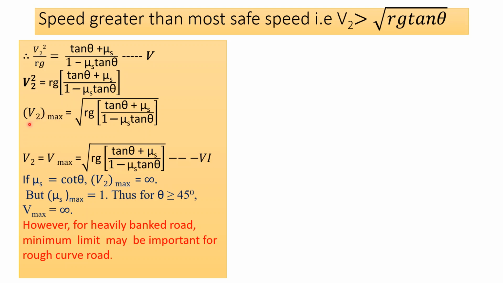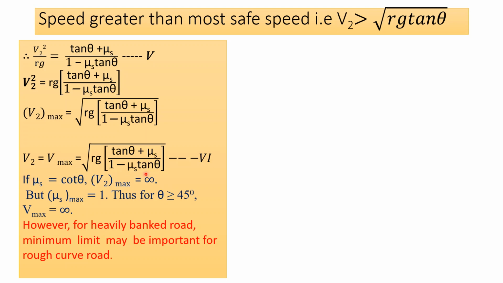So, to get the value of the speed which is greater than the most safe speed, we write v maximum is equal to square root of Rg into the bracket tan theta plus mu s upon 1 minus mu s tan theta. This v value is also considered as the maximum speed value which is greater than the most safe speed on a rough curved banked surface.